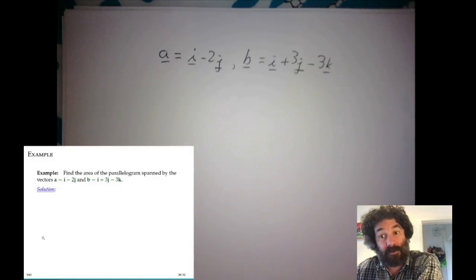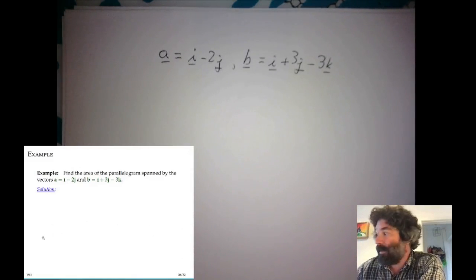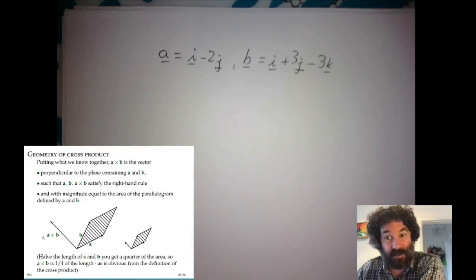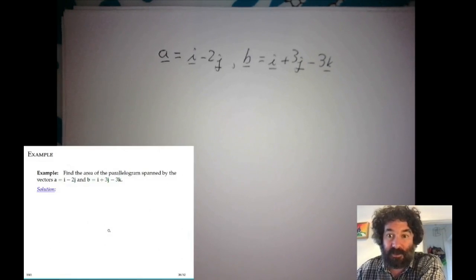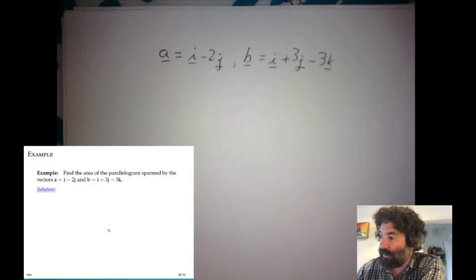The area of the parallelogram that is described by A and B, so looking at the previous slide, it's that parallelogram there, is going to be equal to the modulus of the cross product of A and B.